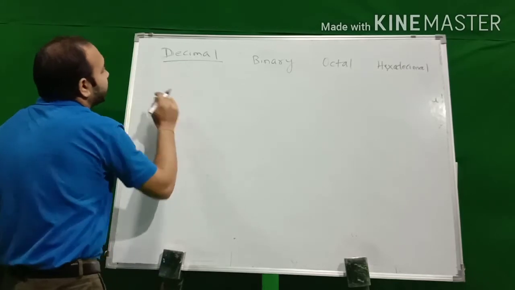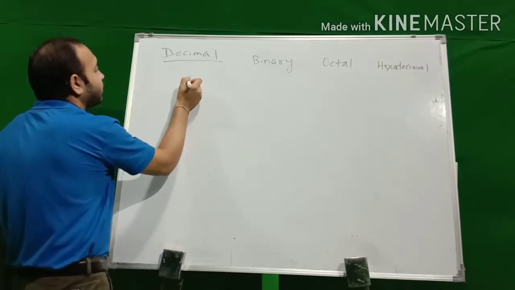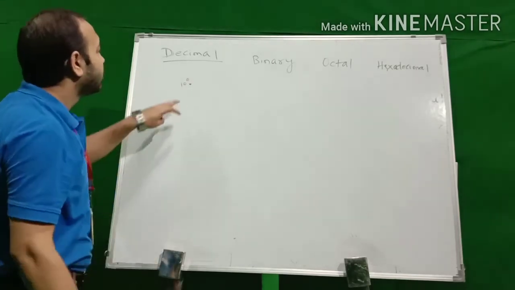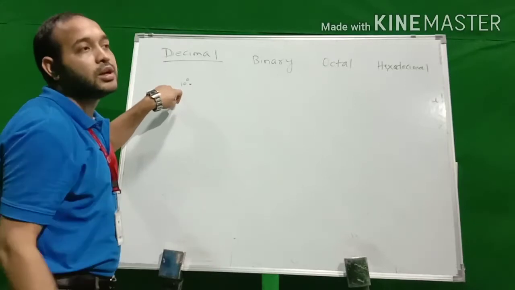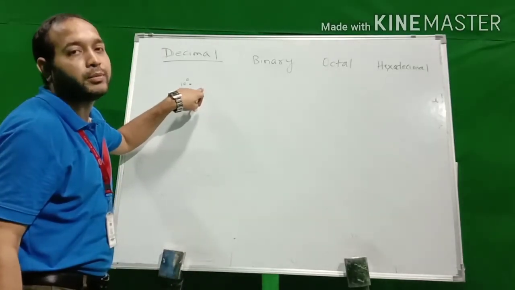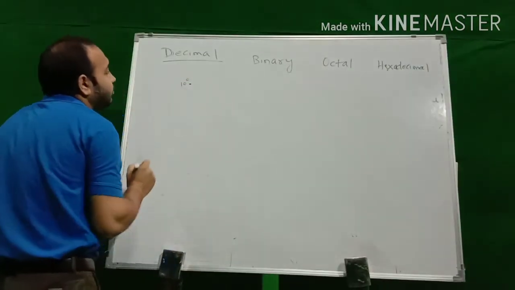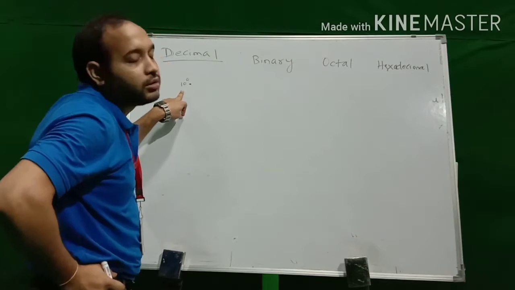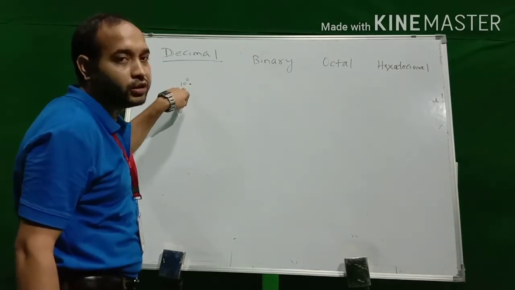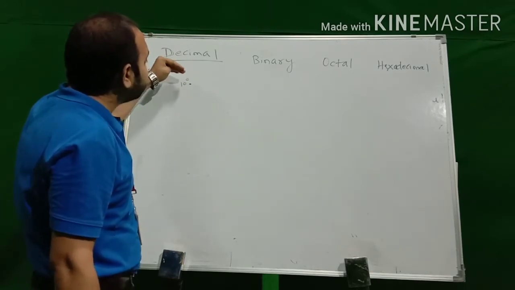So you have seen, I will start from here with 10 to power 0. Now I am writing both the integer part and the fractional part. If you are writing any number in decimal with an integer part, you start from 10 to power 0, and you go left side with the increasing power of 10.